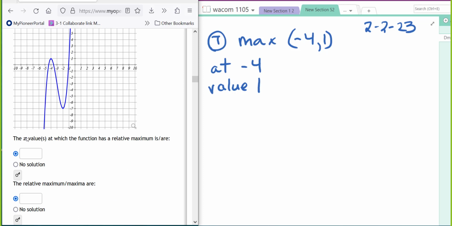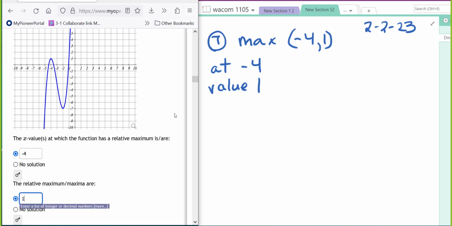So the x value at which the function has a relative max or min. So this is asking you, it's saying x. So this is -4. And what is the relative max is the value. So this is 1.